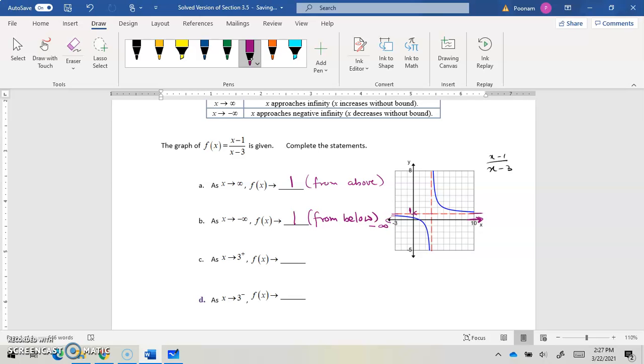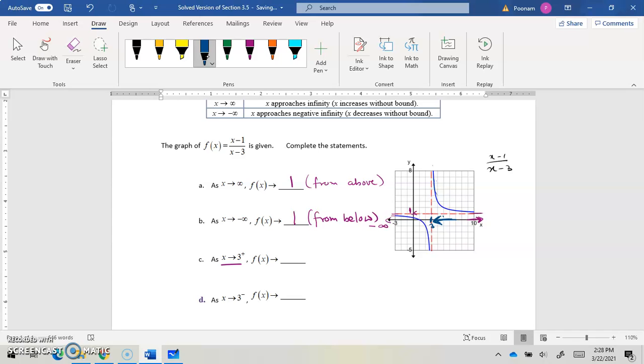What happens when x is approaching 3 positive? What does positive mean? X is approaching 3 from the right side. So where is the x value 3? Which is here. So x is approaching 3 from the right side. That is what it means. Okay. So as x is approaching that number 3 from the right side, the curve is going towards infinity.